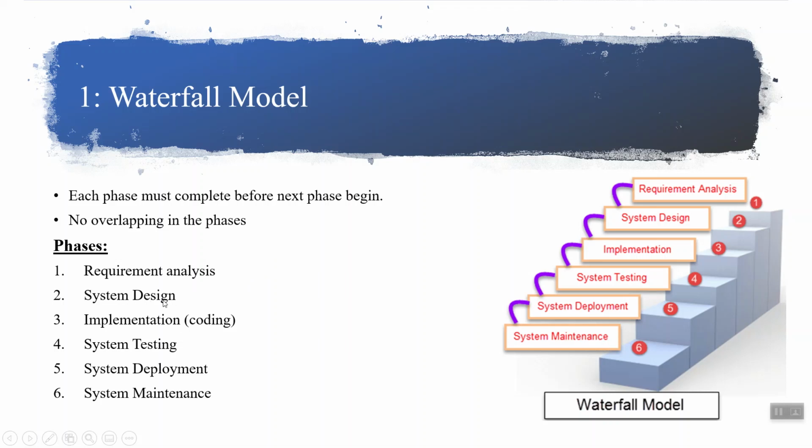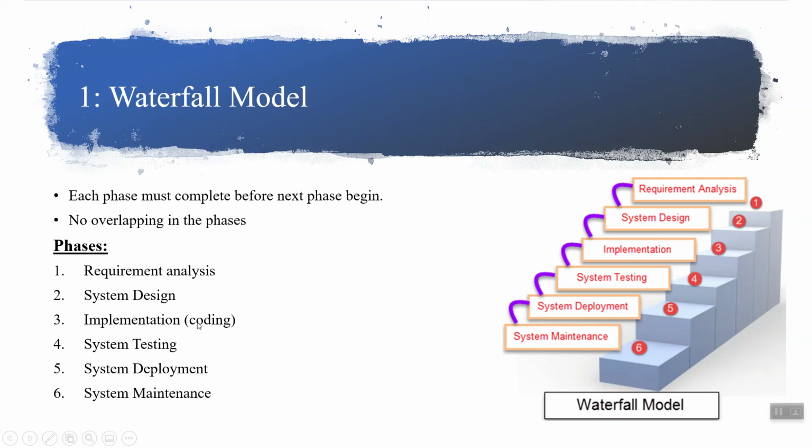In system design, the requirement specifications from the first phase are studied and the system is designed or prepared. The system design helps in specifying hardware and system requirements and in defining the overall system architecture. So at system design, we build the system architecture for our project.